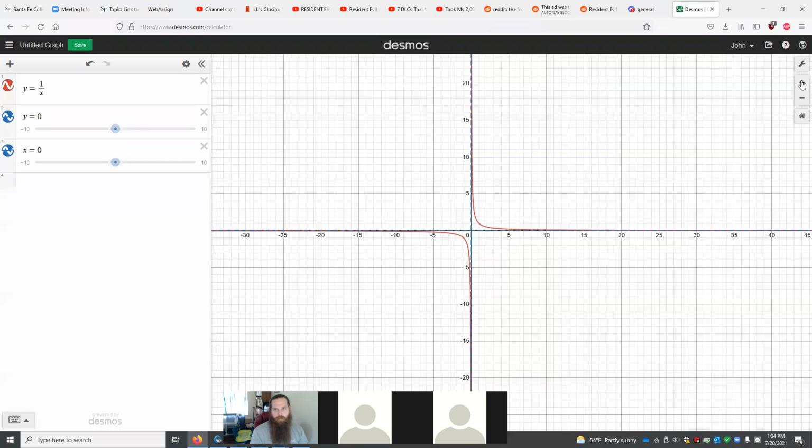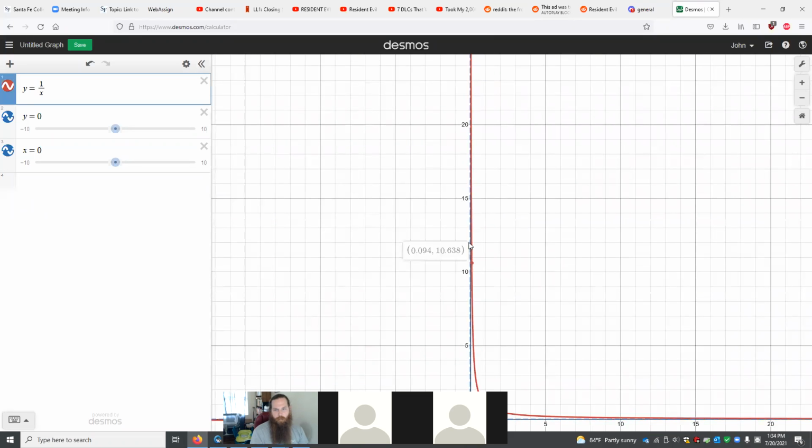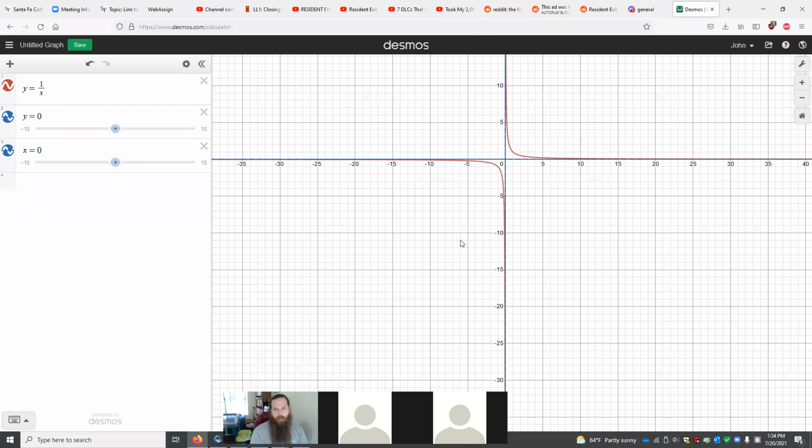And at the vertical asymptote, as my x values get closer and closer to 0 from the right, the y values just blow up, they get huge. This graph gets infinitely tall. So no matter how much you zoom out, this graph gets infinitely tall as you come in from the right, and as you come towards 0 from the left, it blows up, but downwards towards negative infinity.